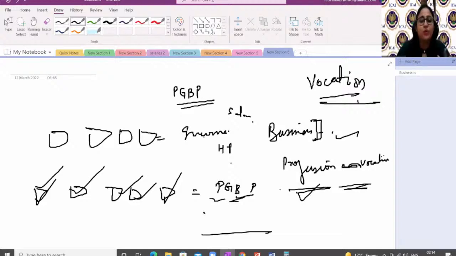Sorry to touch it, but not to go into it. So legal source or illegal source, income tax says we want tax on it. The legality of business does not hamper its taxability into PGBP.